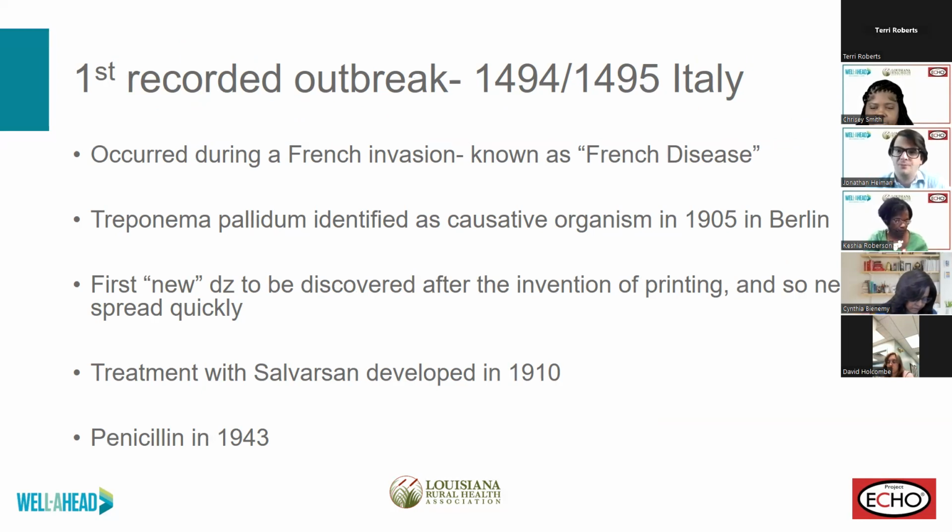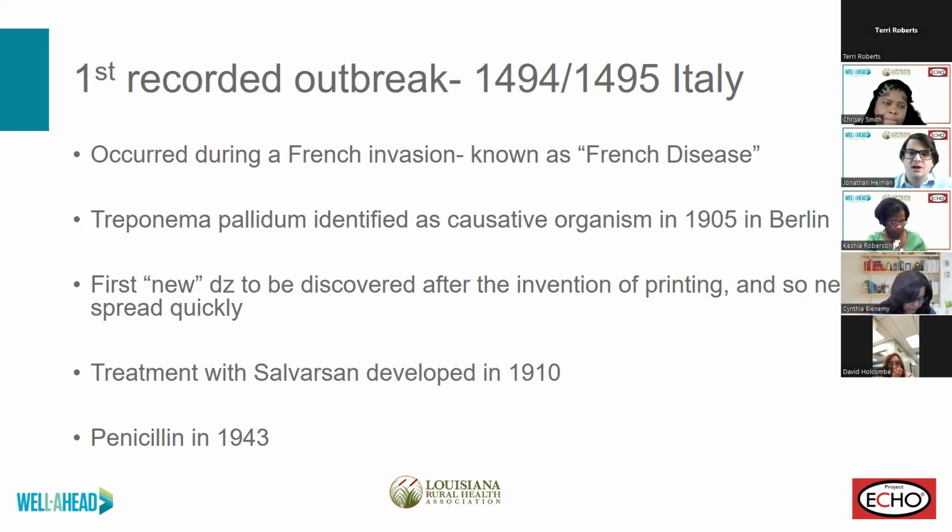So with this outbreak in Italy, it was labeled the French disease because the French were invading them, and so the inhabitants of what is Italy today called it the French disease. The French called it the Neapolitan disease. The Russians called it the Polish disease. So you get the idea. This disease has always been very stigmatized, even back then.